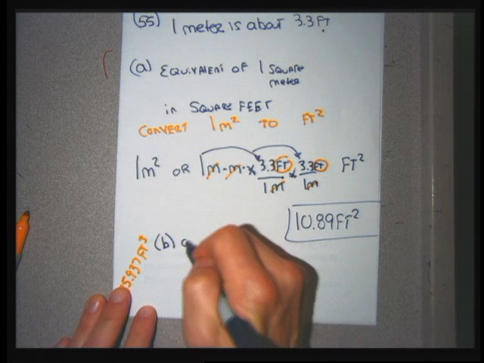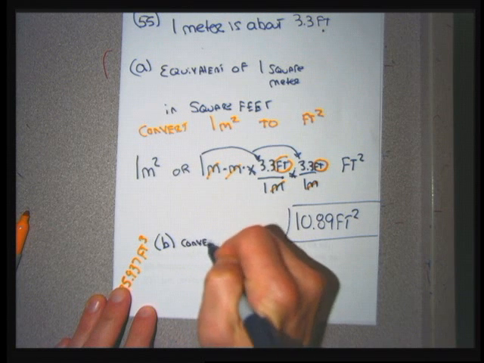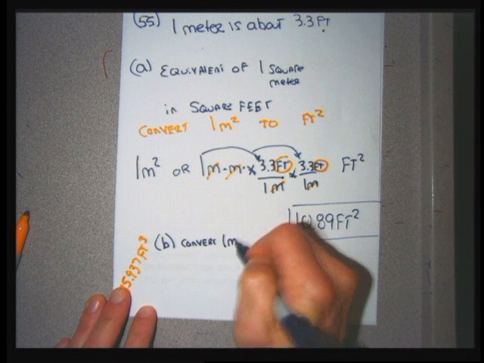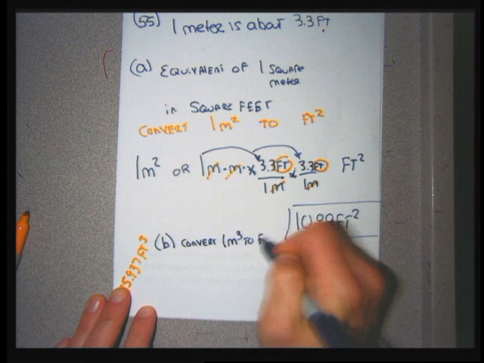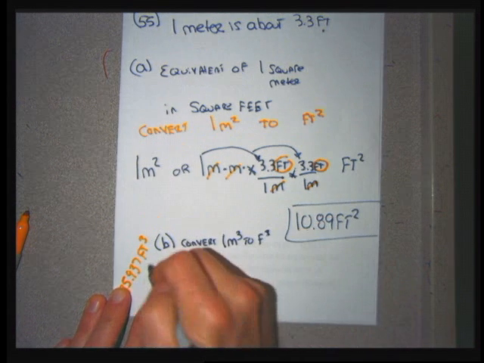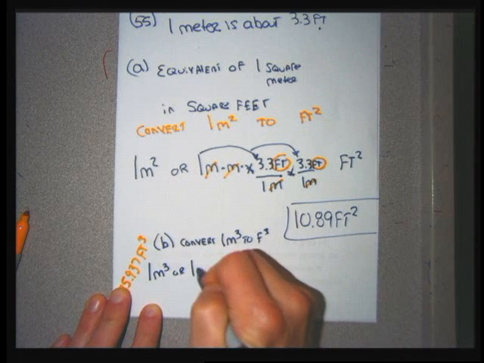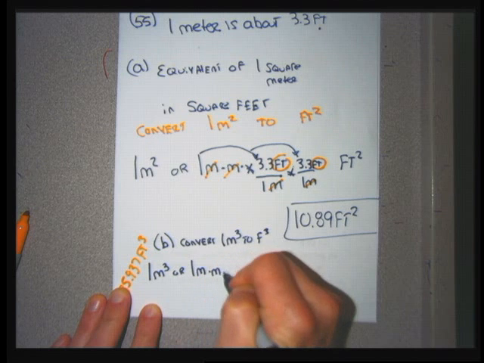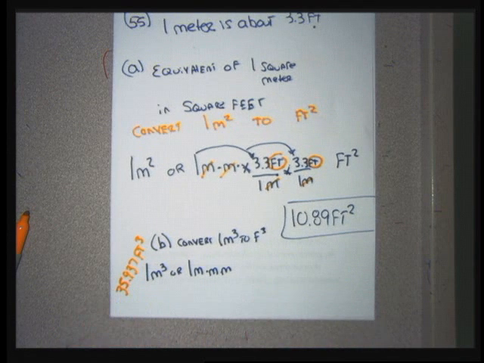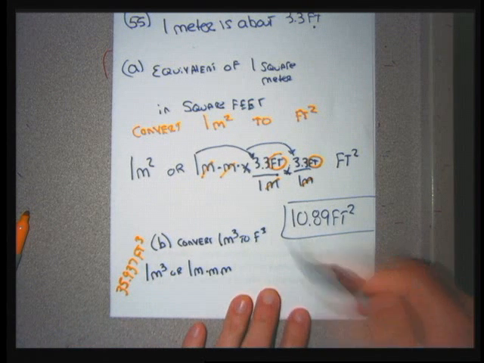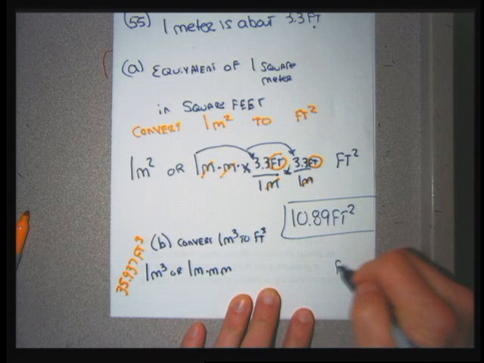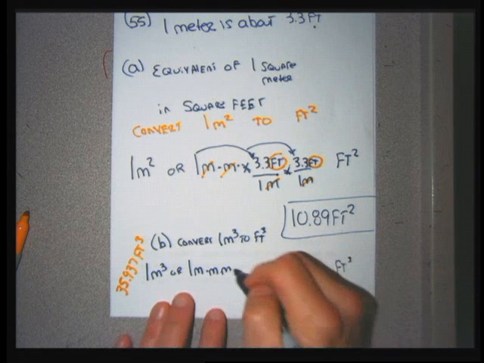So I want to convert 1 cubic meter to cubic feet. So I'm starting with 1 cubic meter, which is the same as 1 meter times meter times meter, because cubic is 3 multiplications. And my goal is to get foot cubed, and foot cubed is feet times feet times feet.